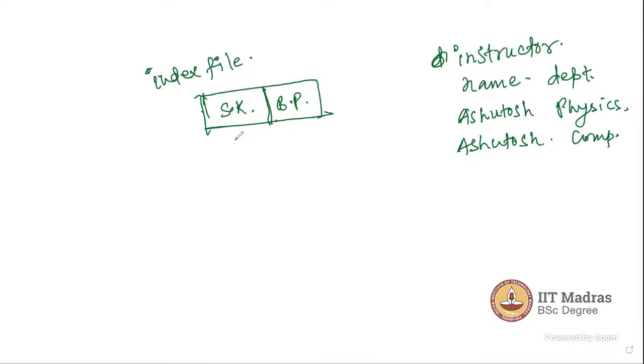Now tell me, do you want to create an index based upon which value, name or department? Name, yes sir. Here you can see these values are not unique.